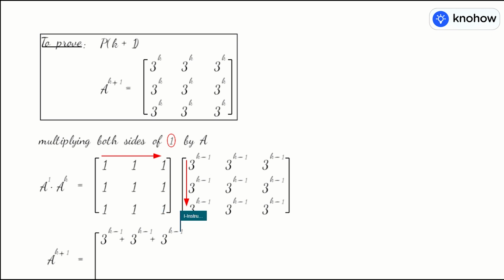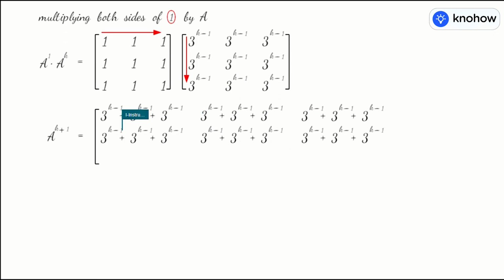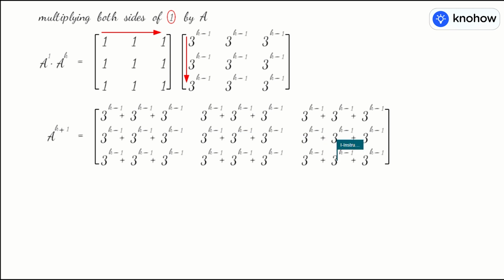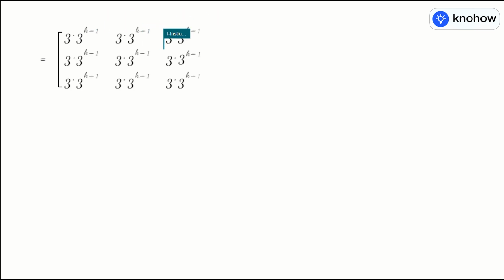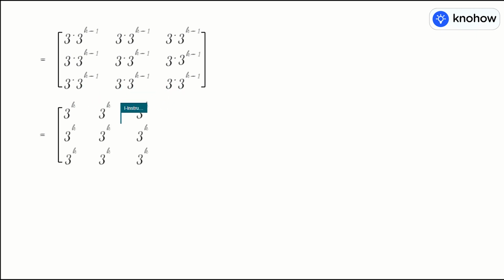If you multiply with the second and third column, you will get the same, and all other elements will likewise be the same: 3 to the power k minus 1 added 3 times, that is 3 times 3 to the power k minus 1. Now 3 multiplied by 3 to the power k minus 1 adds one to the power, so it becomes 3 to the power k, and similarly the other elements. This is nothing but the right hand side of step Pk plus 1.